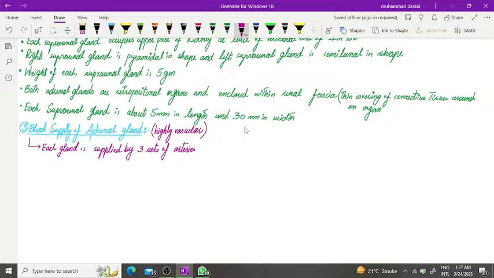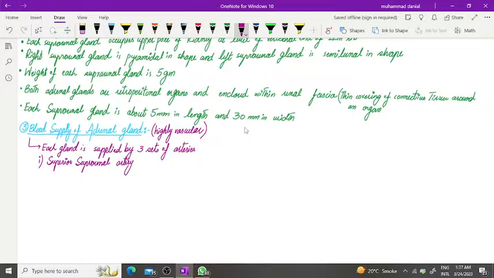The first is the superior suprarenal artery.